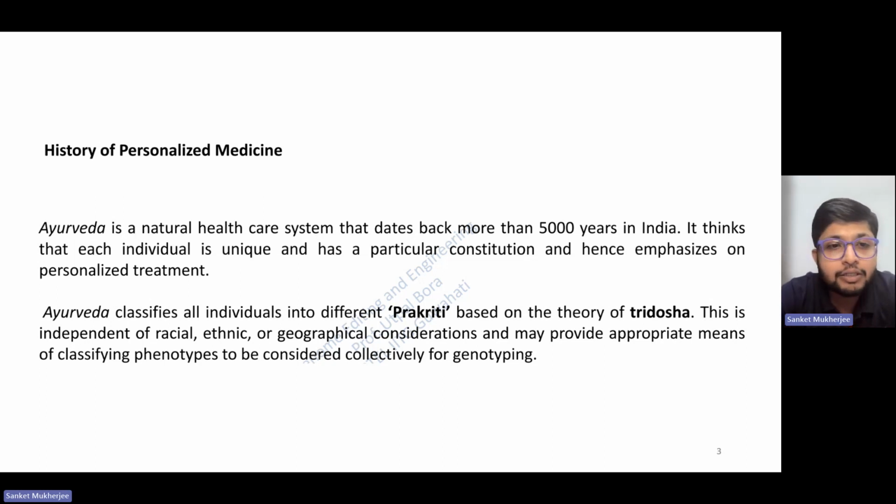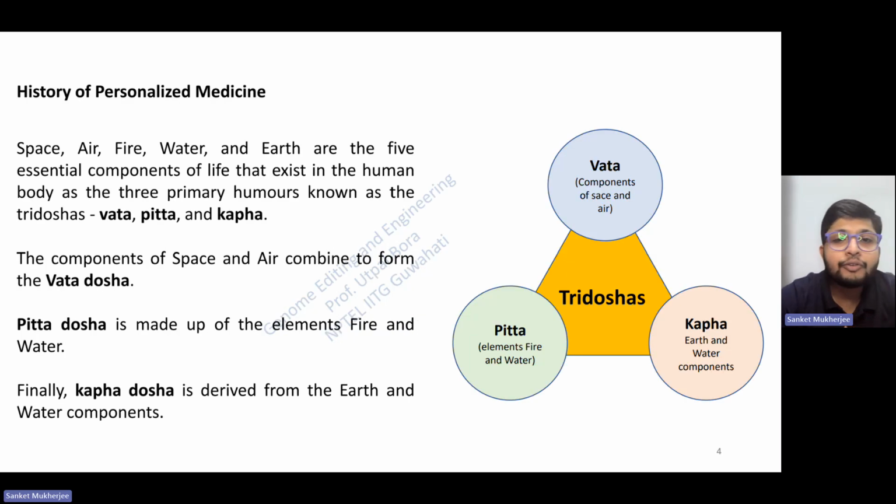This is independent of racial, ethnic, or geographical considerations and may provide appropriate means of classifying phenotypes to be considered collectively for genotyping. So, if we talk about the history of personalized medicine, space, air, fire, water, and earth are the five essential components of life that exist in the human body as the three primary humors known as the three doshas.